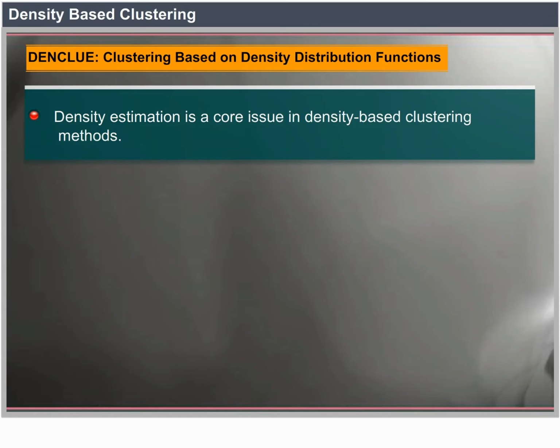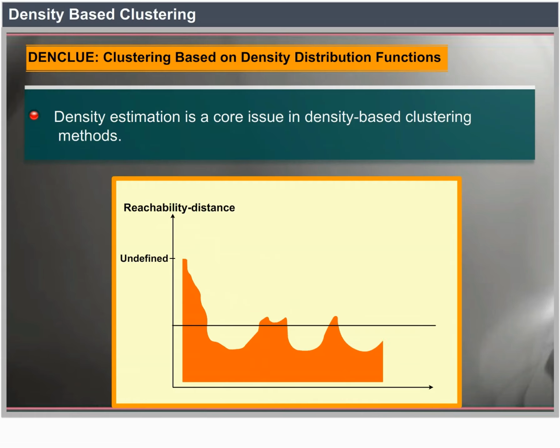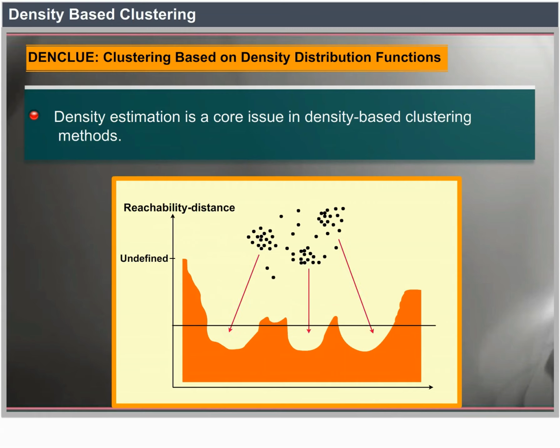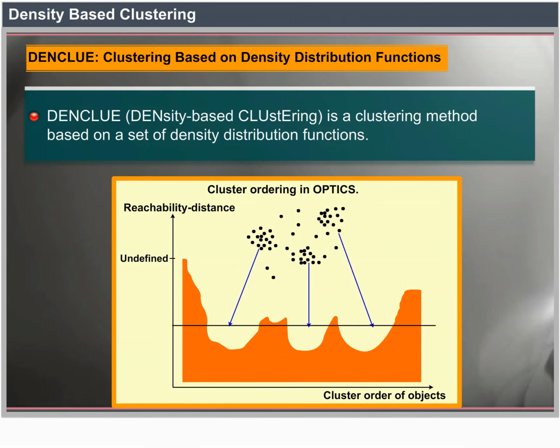DENCLU, clustering based on density distribution functions. Density estimation is a core issue in density-based clustering methods. DENCLU, density-based clustering, is a clustering method based on a set of density distribution functions.